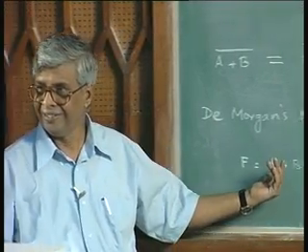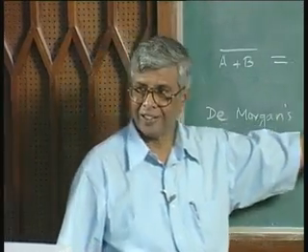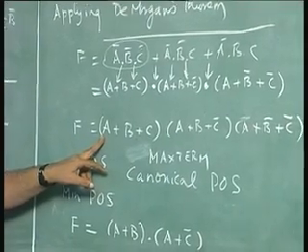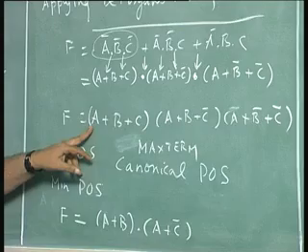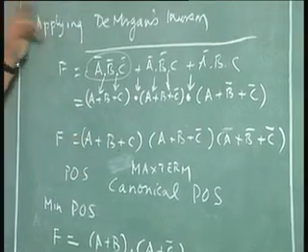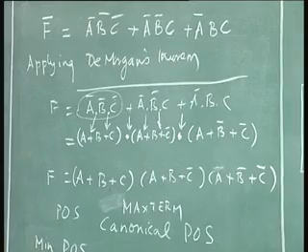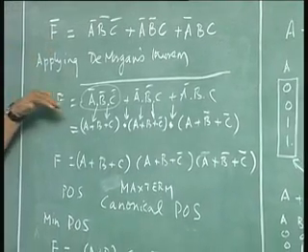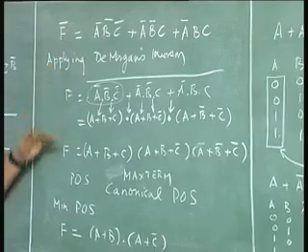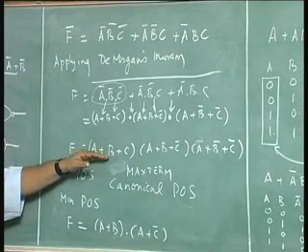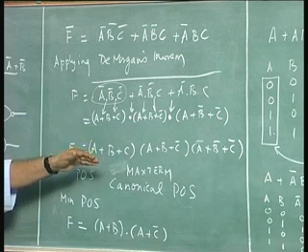I wanted to go through this exercise of taking the canonical product of sums expression from the truth table. Instead of starting with something which is true, I started with something which is false. Apply De Morgan, and that becomes something which is true. So this is the function, but the expression is not a sum of products, it is a product of sums.